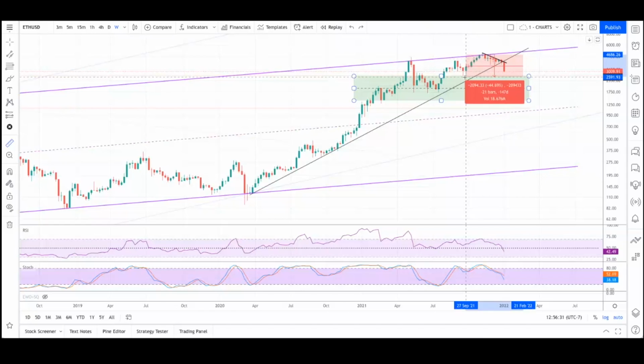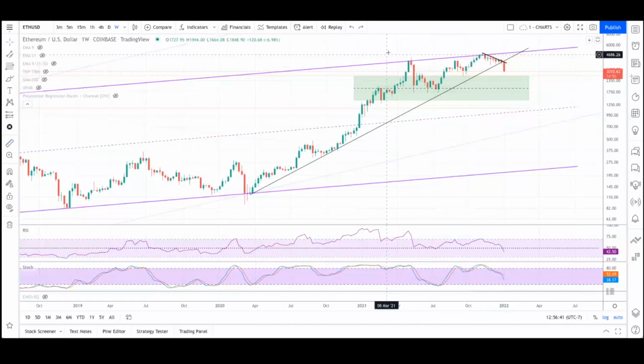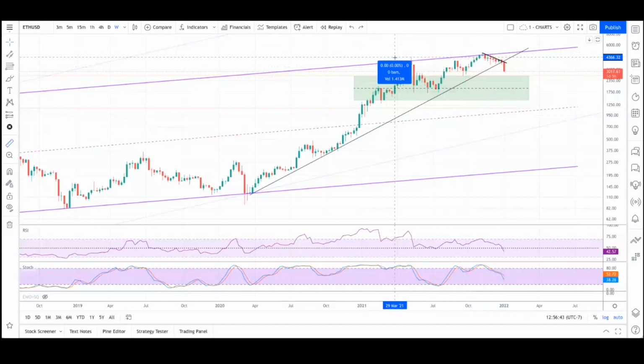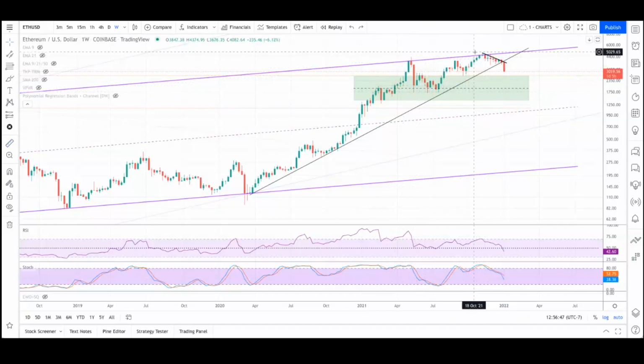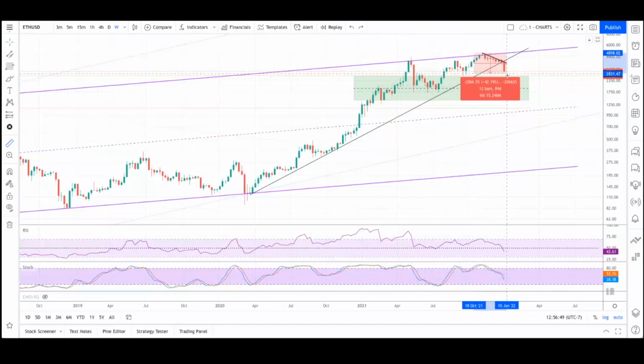There's no reason to say that it can't go lower, and that would be roughly 19. I personally don't want to see that in Ethereum. So again, if that's almost a 60% drop, we go from here, 60% drop, we're at 19.5. So that's kind of the way it's shaking out right now.